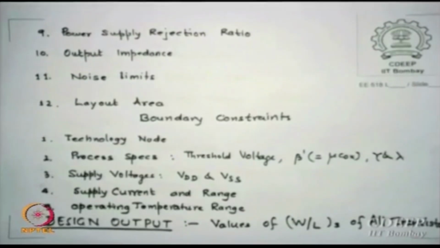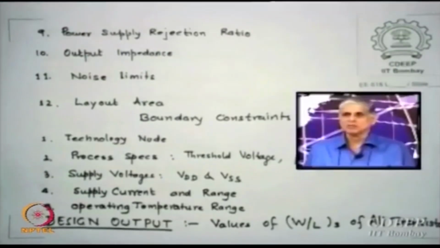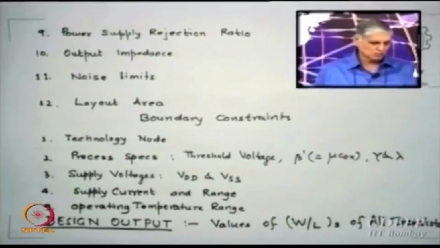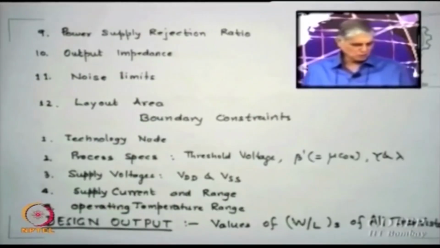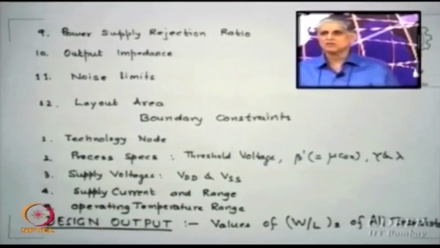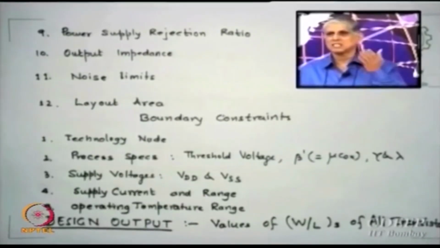Then there are constraints which I call boundary constraints. For example, for any design you choose, if you have to fabricate the silicon chip, you will do the design on a specific technology node. If you are doing SPICE or any Cadence simulations including layouts and schematic, you ought to specify the node, because only then you will get the technology file.